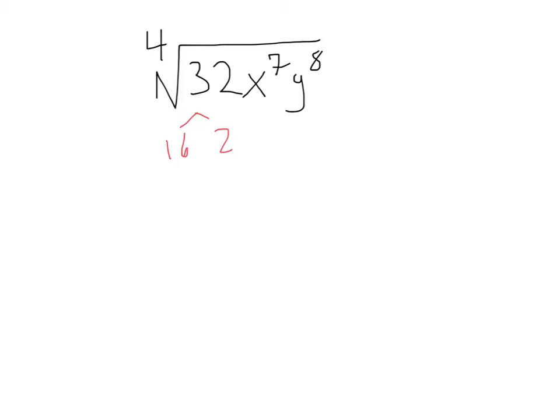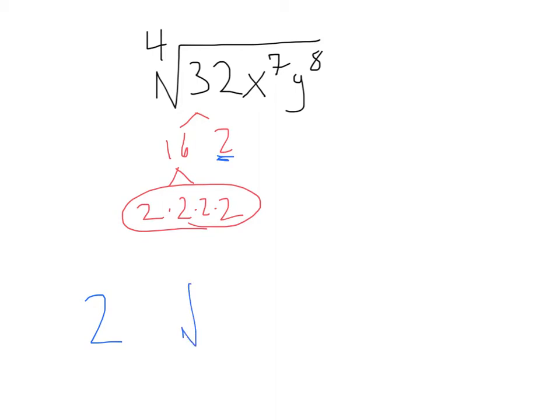And I know that 16 is 2 to the 4th, or 2 times 2 times 2 times 2. That gives me a group of 4. So I know I can pull out a 2 from that, and I'm going to be left with a 2 inside the radical. And don't forget to leave your 4 on the outside, because we're taking a fourth root.